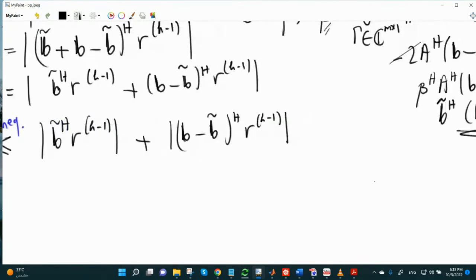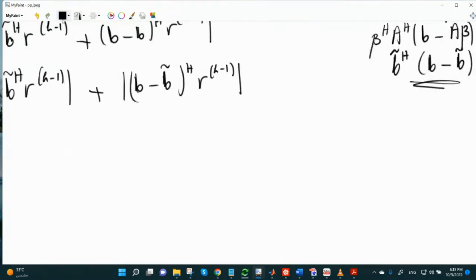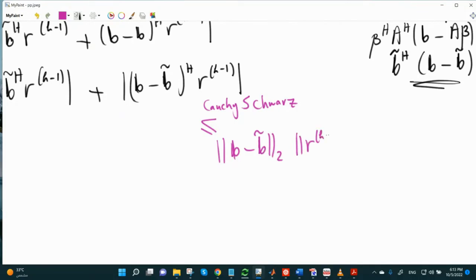And then we need to have upper bounds. So for this one, I can upper bound by Cauchy-Schwarz. So this will give the L2 norm of this vector, the L2 norm of vector R_{k-1}.